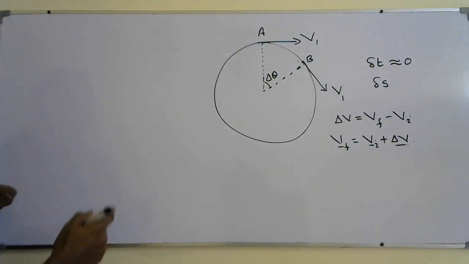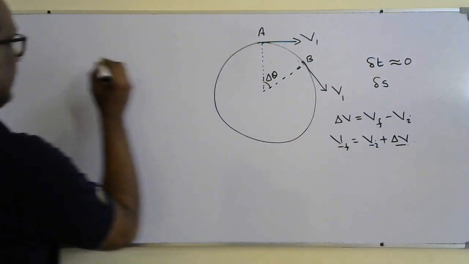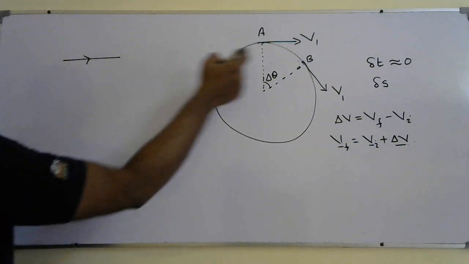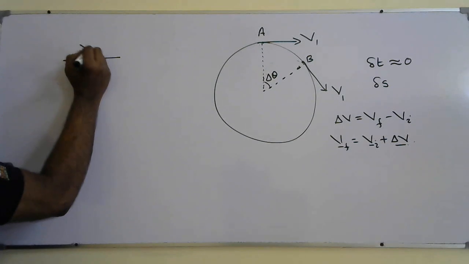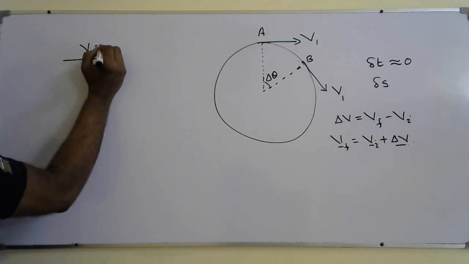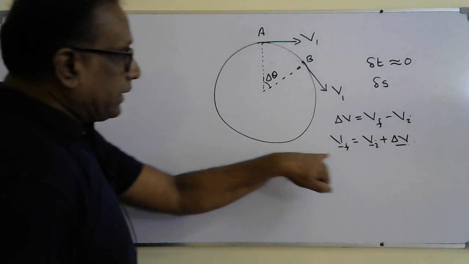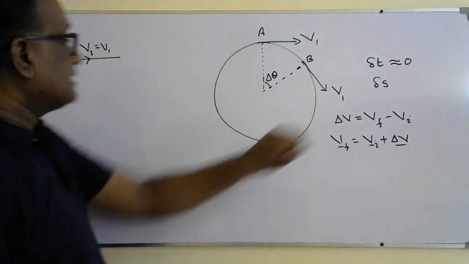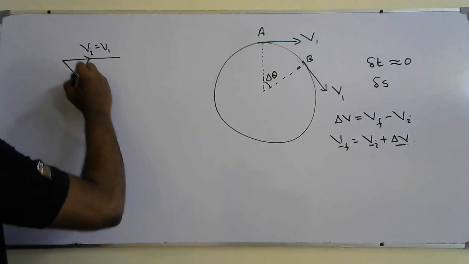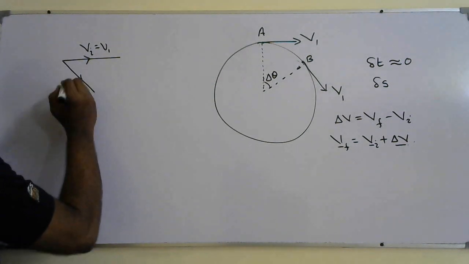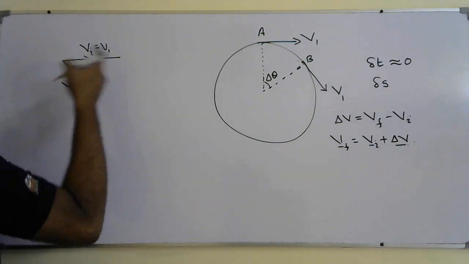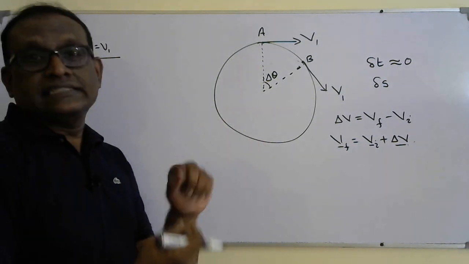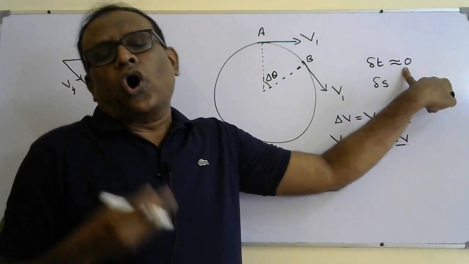Okay, so we'll see the final velocity is along this direction. The initial velocity Vi is in this direction, the numerical value V1. So I'll put it as Vi or V1. With that, when I add the change in velocity, I get the final velocity along this direction. This is final velocity Vf, that is also V1, because I told A and B are much closer points, no significant change in speed because delta t is almost equal to 0.